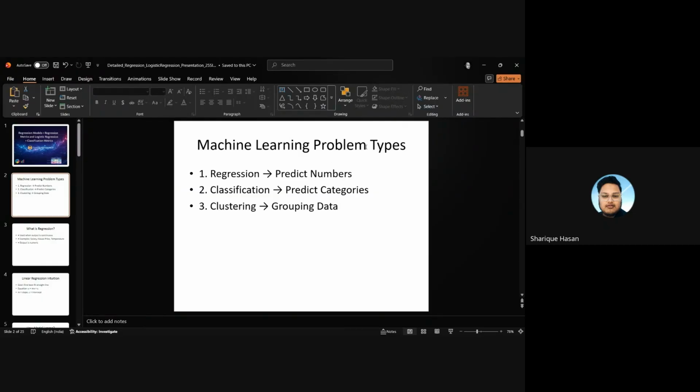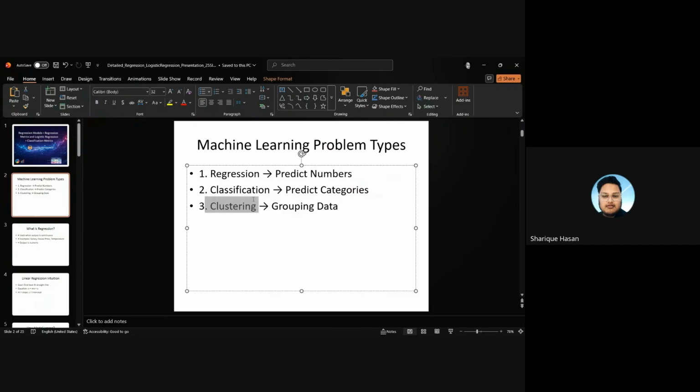Now, machine learning problem types. Regression models usually predict numbers. When you have to predict something in numerical form, we use a regression model. Classification predicts a category. If you have to predict a particular category, such as how well this product is going to perform, or which category it will fall into, we use classification.